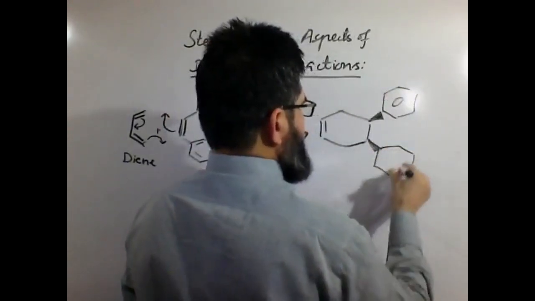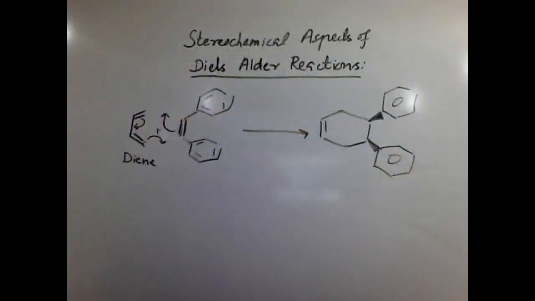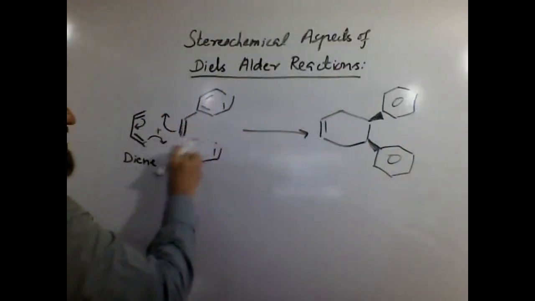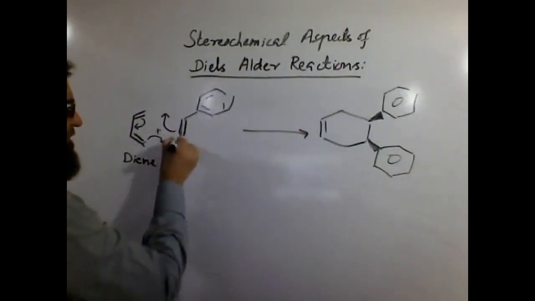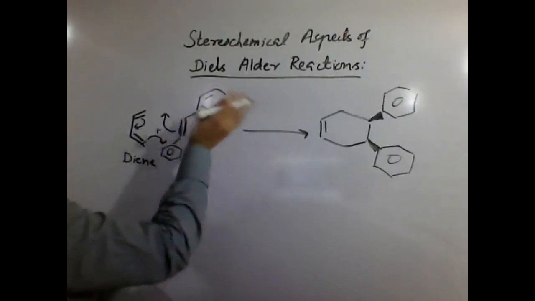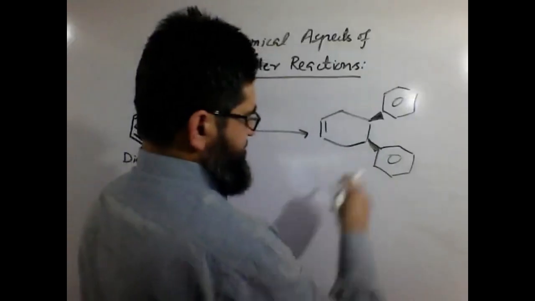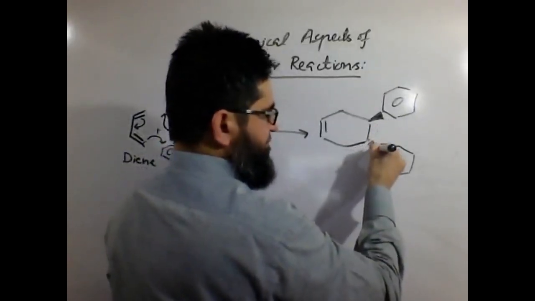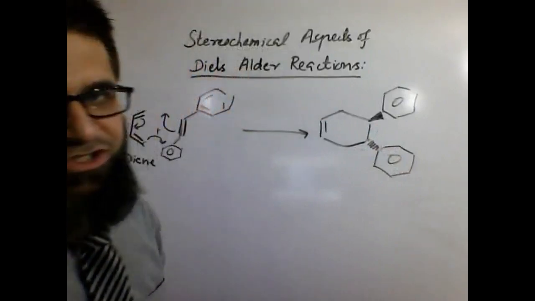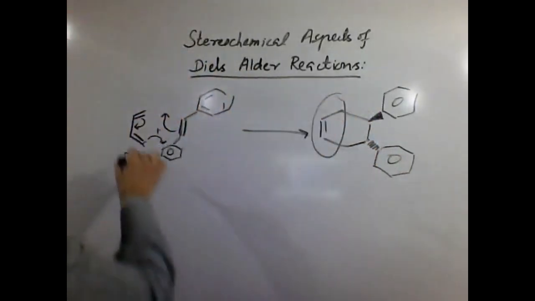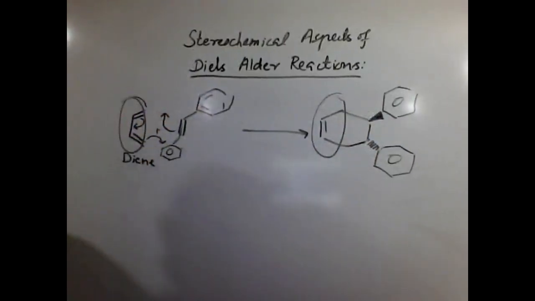Once they are in cis form, and if the benzenes were in opposite directions in the starting material, one on this side and the other on the other side, then we write the dotted bond for the other benzene. So this is how the stereochemistry works; nothing is happening around this area because nothing has been involved in this diene.